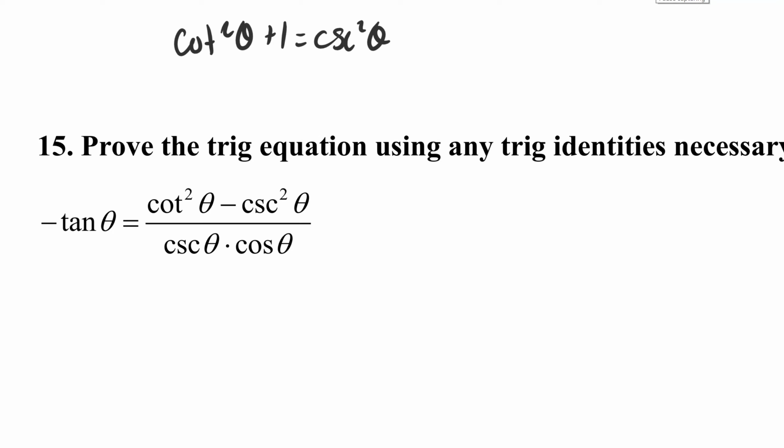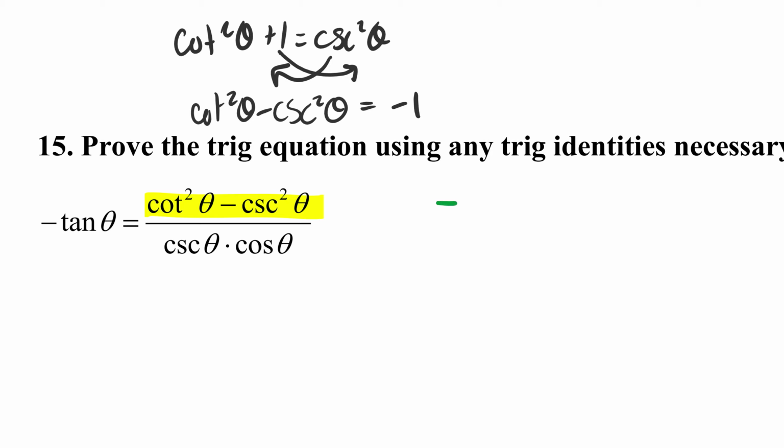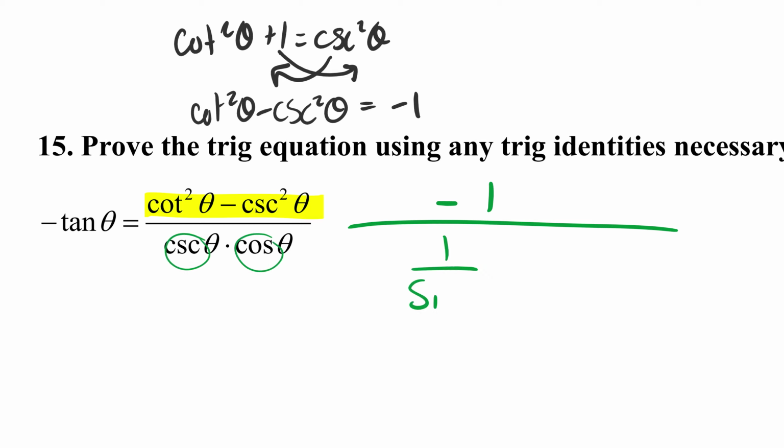So if I move cosecant squared over here and move 1 over here, that's cotangent squared minus cosecant squared equals -1. So this part right here is just -1 over cosecant and cosine. I'm going to change cosecant to 1 over sine, times cosine.